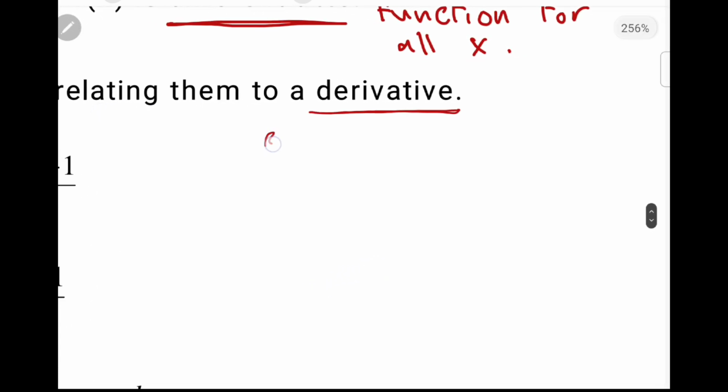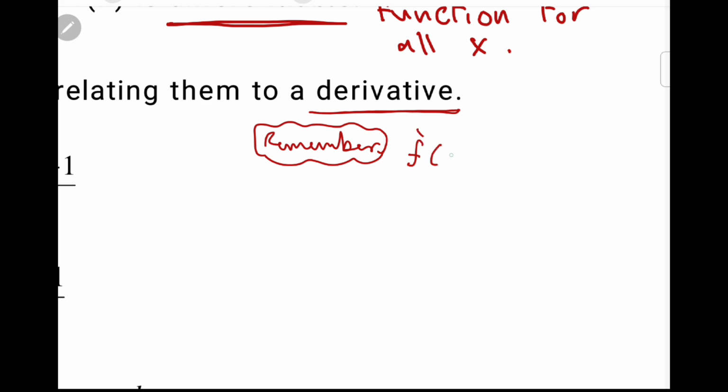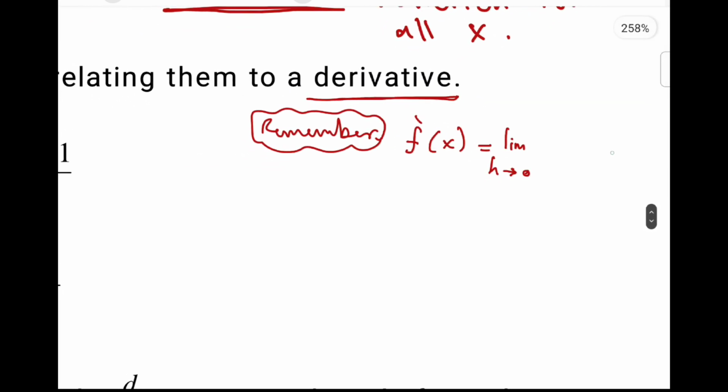Remember that the definition of the derivative, f prime of x, is equal to the limit as h approaches 0 of f of x plus h minus f of x, divided by h.